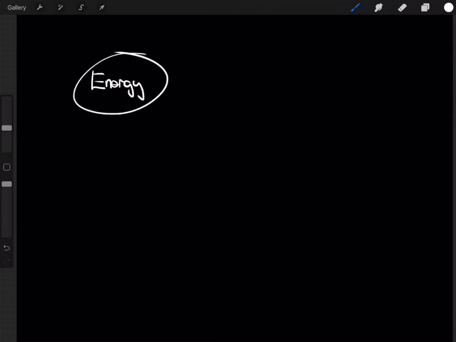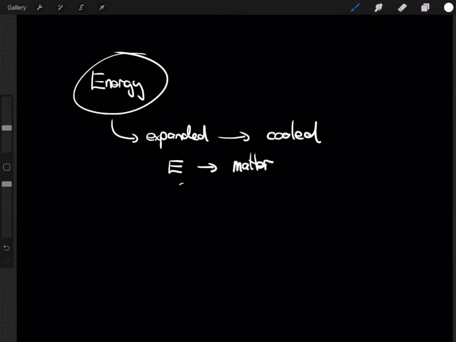And what actually happened, as it expanded, it cooled. And it eventually cooled enough so that energy could start to turn into matter using the E equals mc squared relationship.